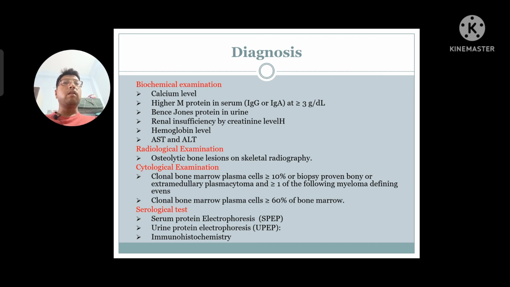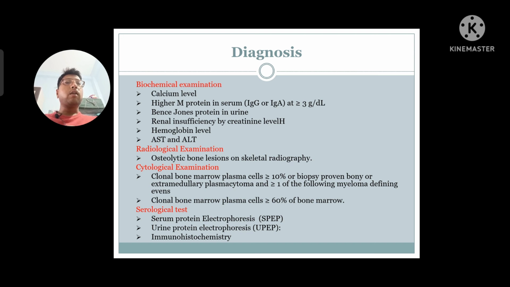Then renal insufficiency is to be checked by creatinine level, then hemoglobin level, and in this case there may be anemia and decrease in the hemoglobin level. There is an increase in AST and ALT levels also. We can also diagnose by radiographical examination. In the radiological examination there are osteolytic bone lesions on skeletal radiography.